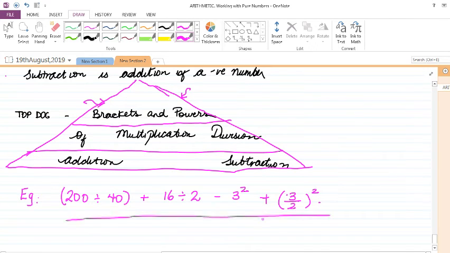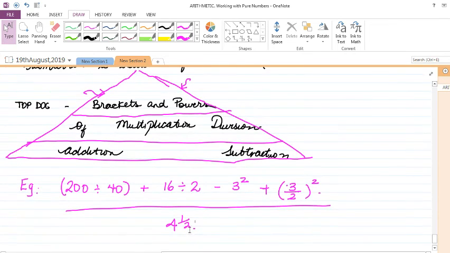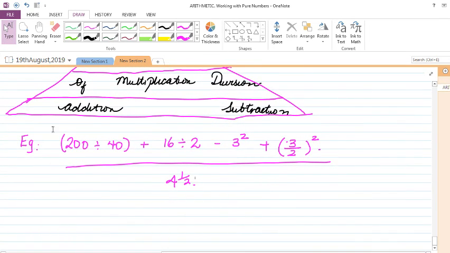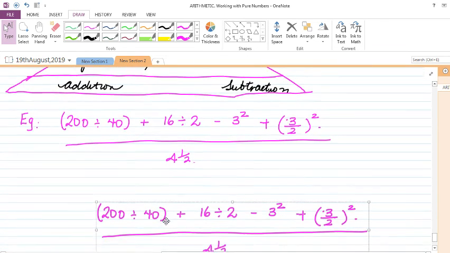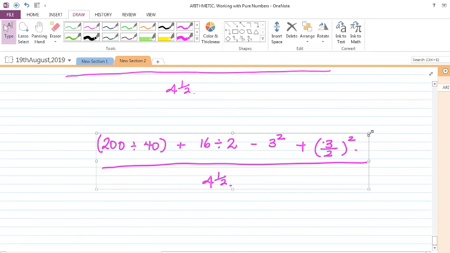And divide all of that by 4 and a half. Let's say that is a sum. If you have that as a sum, we're going to work that out.